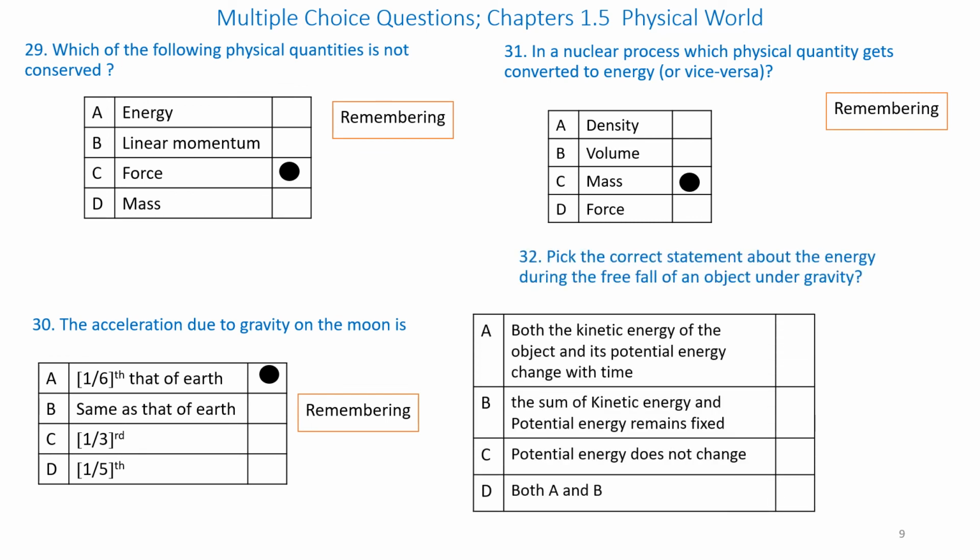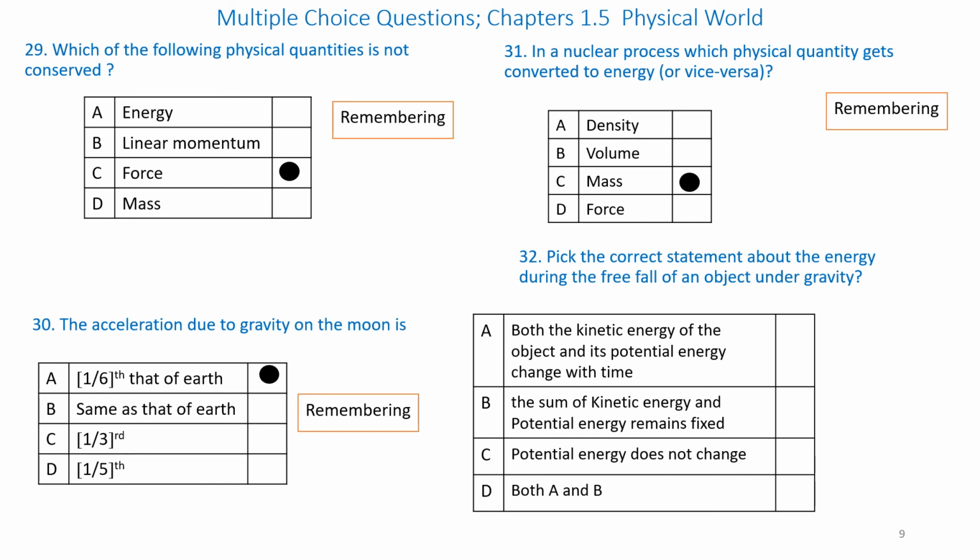Last question. Pick the correct statement about the energy during the free fall of an object under gravity. Four choices are given. A, both the kinetic energy of the object and its potential energy change with time. Choice B, the sum of kinetic energy and potential energy remains fixed.